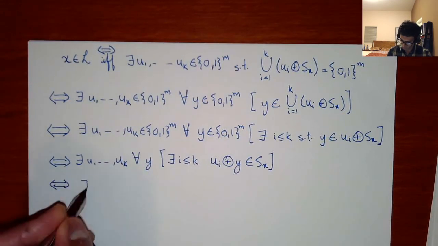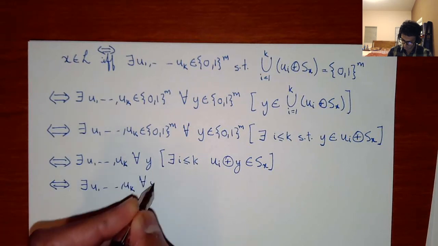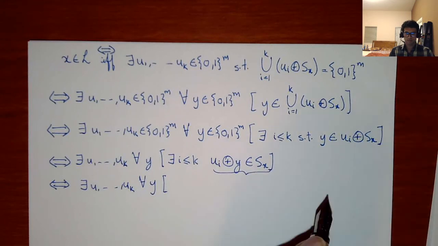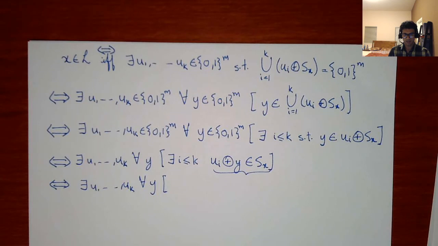Now this is equivalent to there exists U1 up to UK such that for all Y. Now what does this mean? This means that UI XOR Y is an accepting seed.